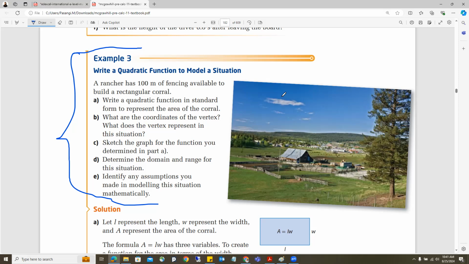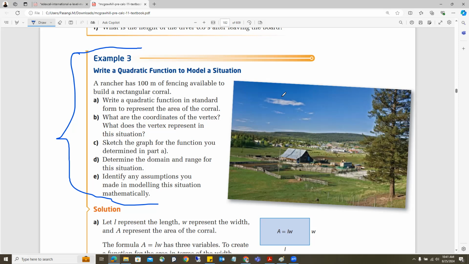What are the coordinates of the vertex? What does the vertex represent in this situation? And they ask us to sketch the graph for the function you determined in part A, determine the domain and the range for this situation, and identify any assumptions you make.